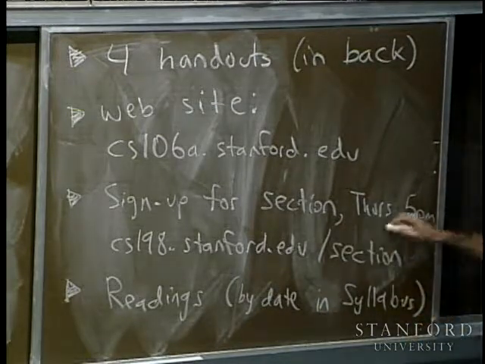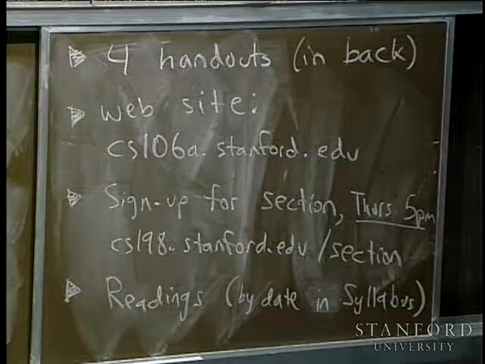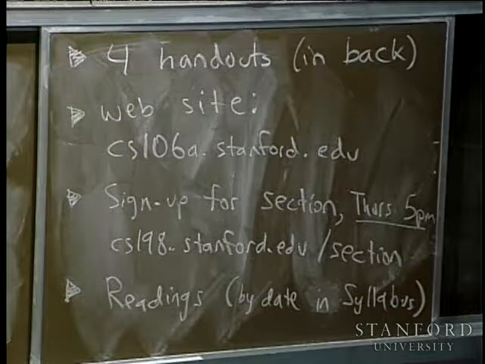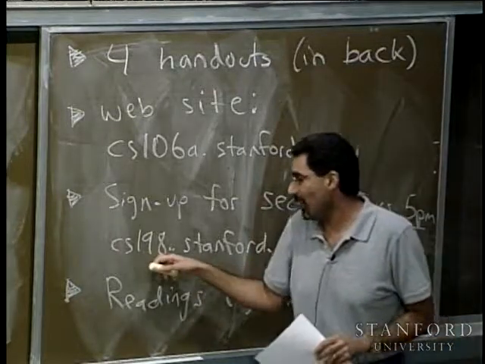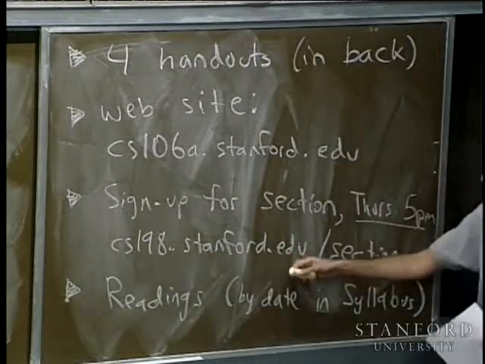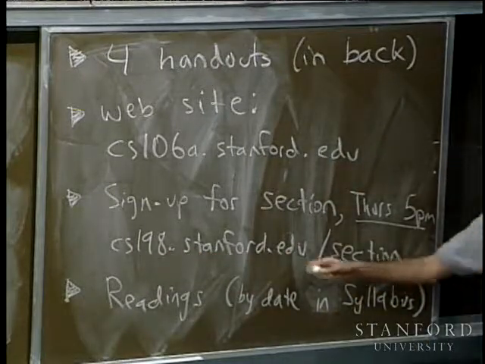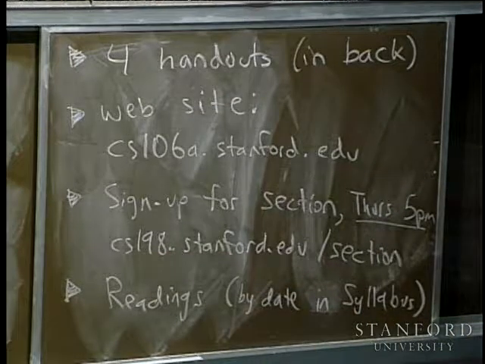As we mentioned last time, section sign-ups start tomorrow, 5 p.m. Sign up early if you want to have the most flexibility in terms of time, because look around, there's a whole bunch of people in this class. It's going to fill up quickly. So if you have constraints, sign up quickly. And the place you sign up is cs198, not cs106a, cs198.stanford.edu/section. The 198 folks are the folks who lovingly run all of the sections and coordinate the whole program.